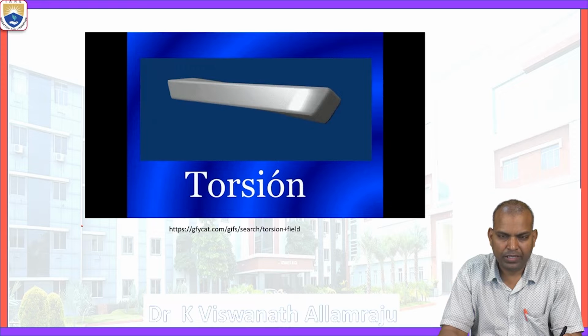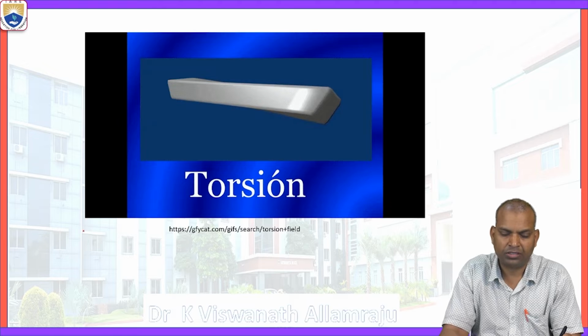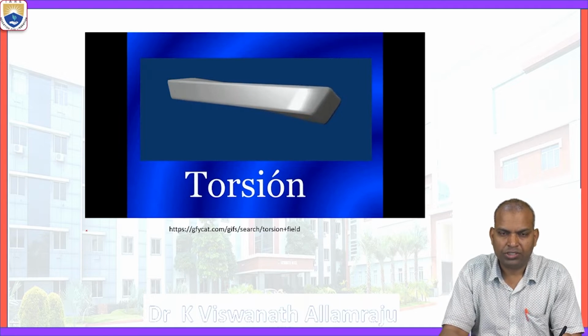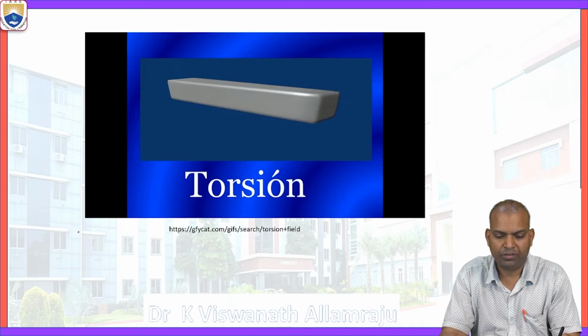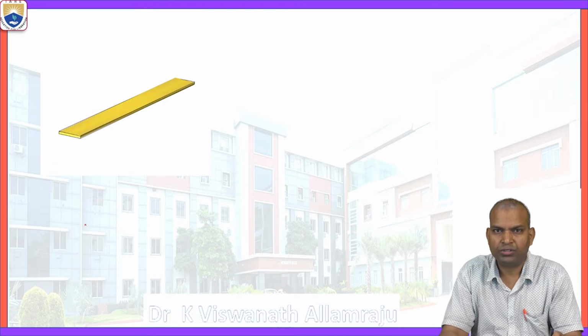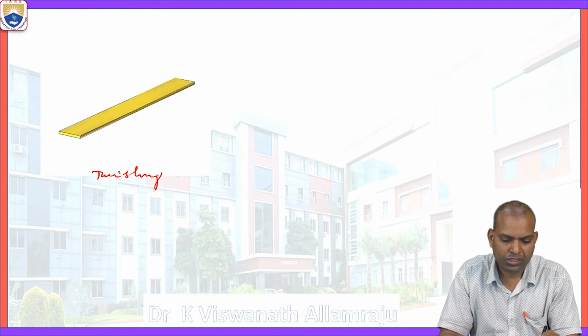Now here, if we apply this torsion or torque to slabs other than circular cross section, here also the shear stresses and the shear strains will be developed inside the material. Now this mode is known as the torsional mode or twisting mode.